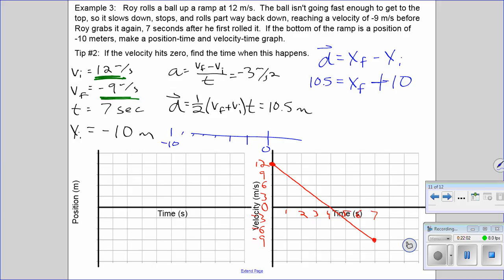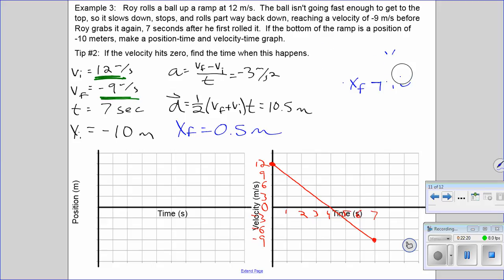Thank you for asking when you were confused. We need to be doing that. All right, so our final position is, in fact, 0.5 meters. All right, everybody cool? All right, so now we got to deal with this fact that there's a change in direction. So on my velocity time graph, where does the change in direction happen?